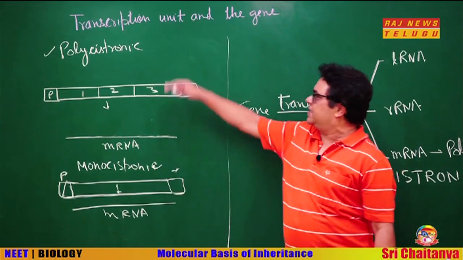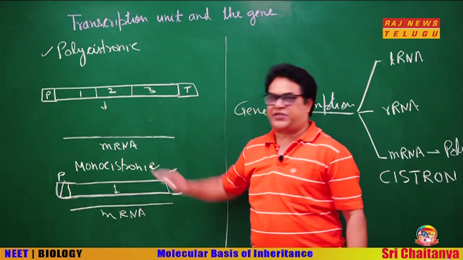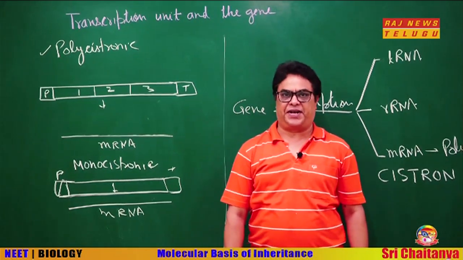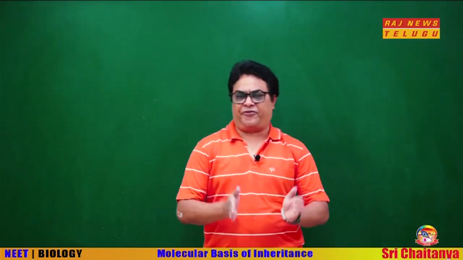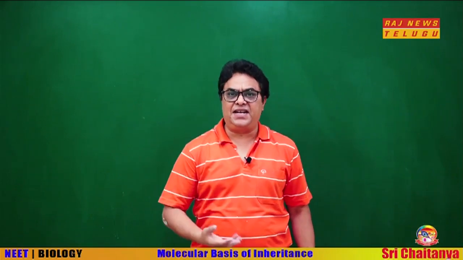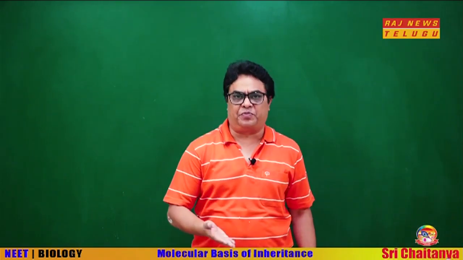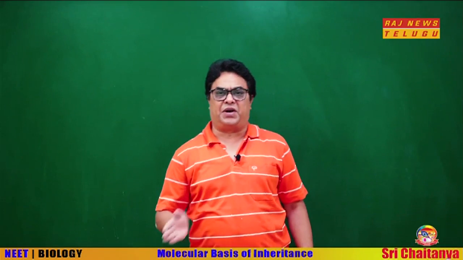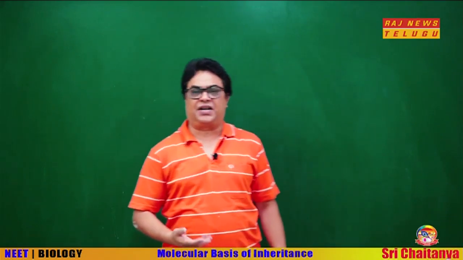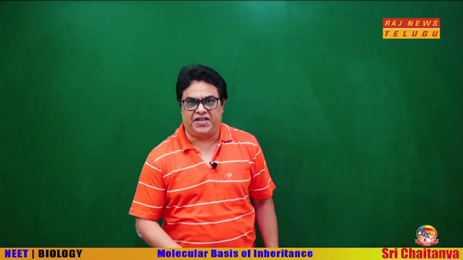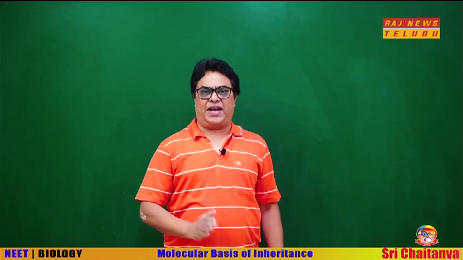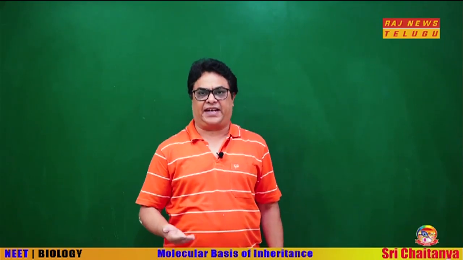Okay? So, this is the difference between polycistronic and monocistronic. Now, children, apart from these, there are certain other units also present either upstream or downstream, and some of them are called regulatory genes. Okay, so they also influence the inheritance of characters.